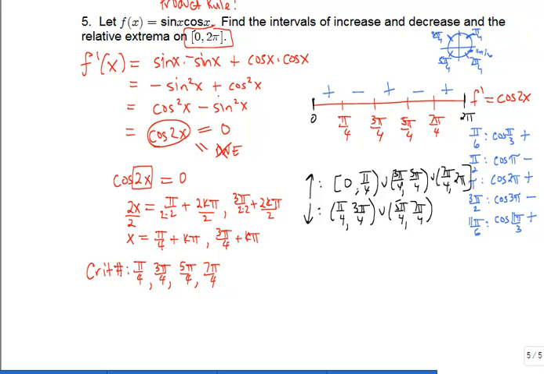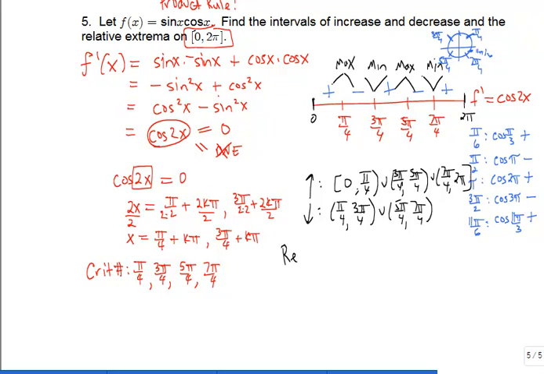And finally, let's figure out our relative extrema. On the left here, I go up and then down, so that's a max. Here I go down on the left, up on the right, so this is a min. Here I go up on the left, down on the right, so this is a max. And here I go down on the left, up on the right, so I have a min.